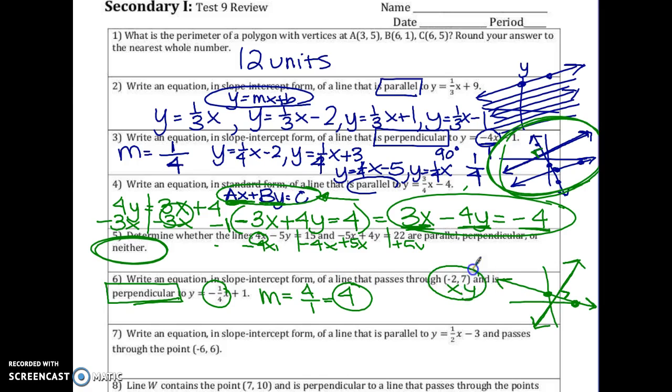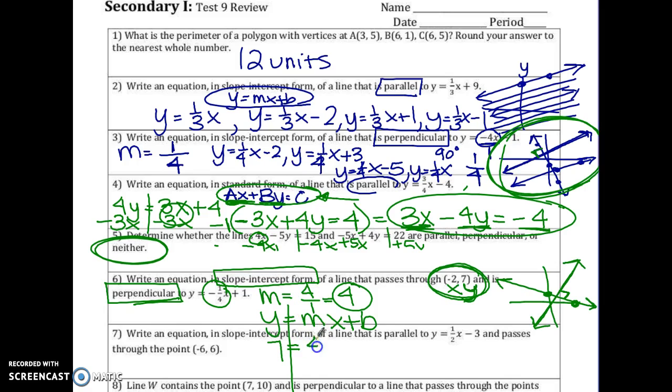And I need it to go through that specific point. So that point needs to be a solution to the equation that I write out. So to make that happen, I'm going to write y equals mx plus b. Notice it does say slope-intercept form. That's what we just wrote out, y equals mx plus b. The y value, the 7, has to work.